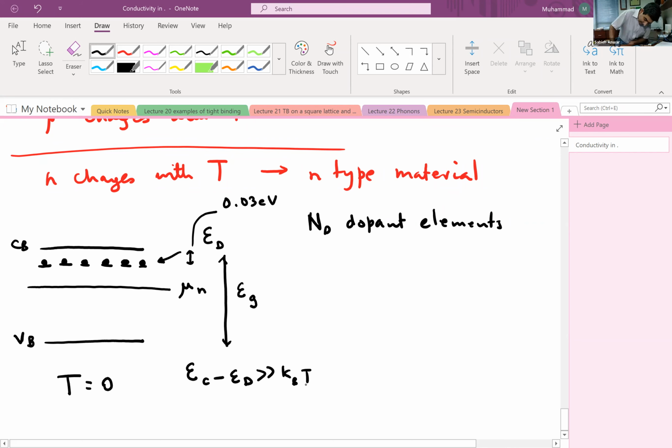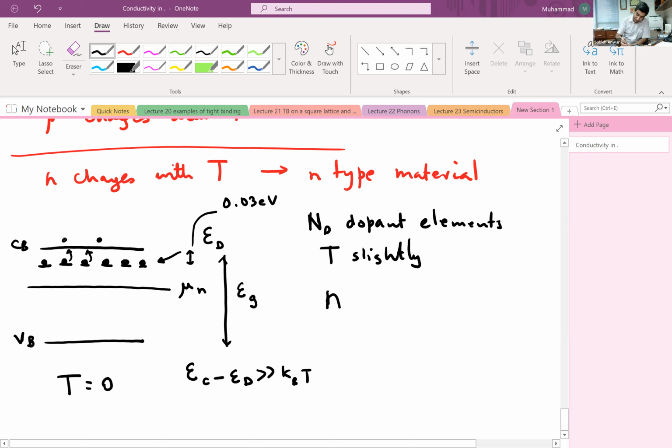Now, if I were to increase the temperature slightly, these electrons might jump off into the conduction band. And N, the number of charge carriers that end up in the conduction band, if you increase the temperature, we will use a rule of thumb again.